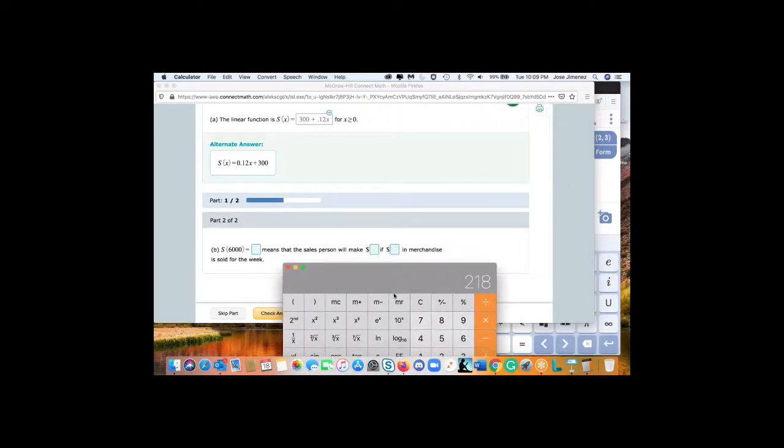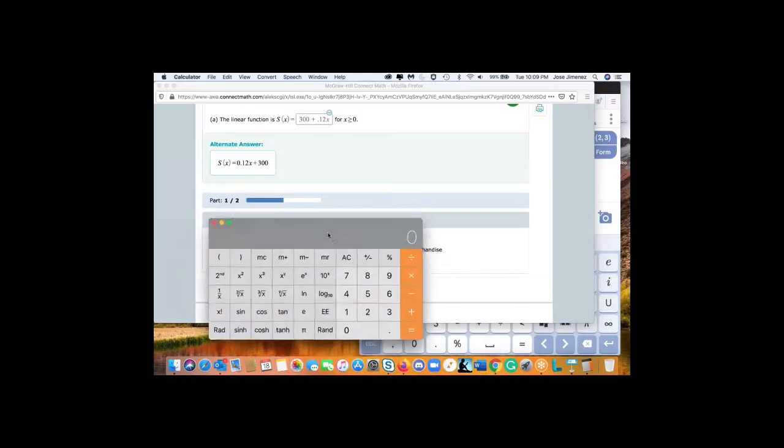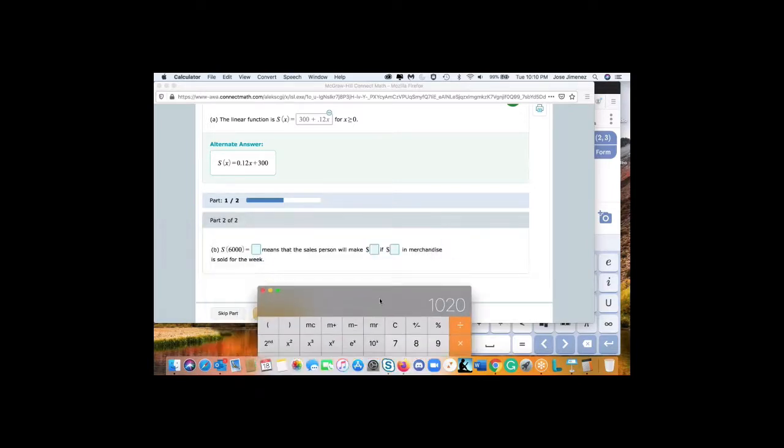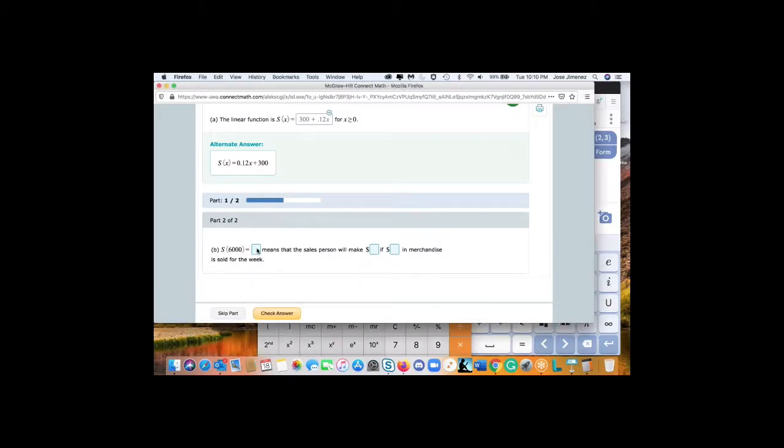Now remember, I need to multiply the 6,000 by 0.12. That's the first thing I do. So 6,000 multiplied by 0.12, and then add 300. That's 1,020.